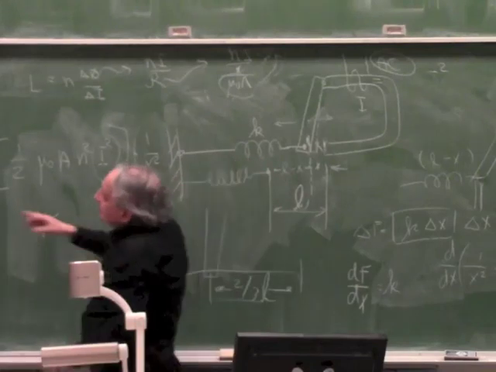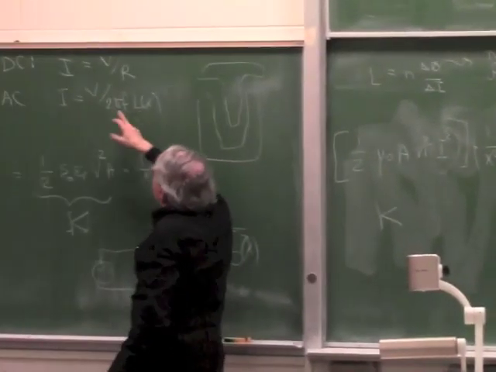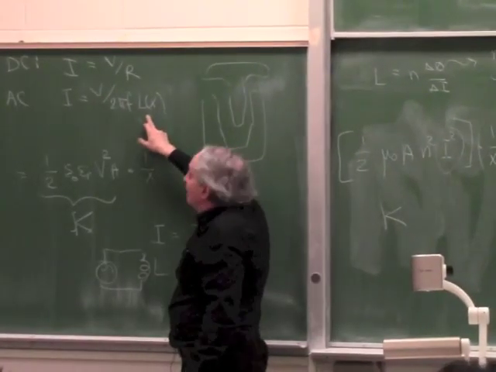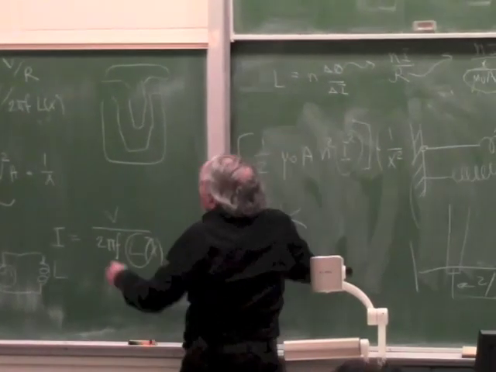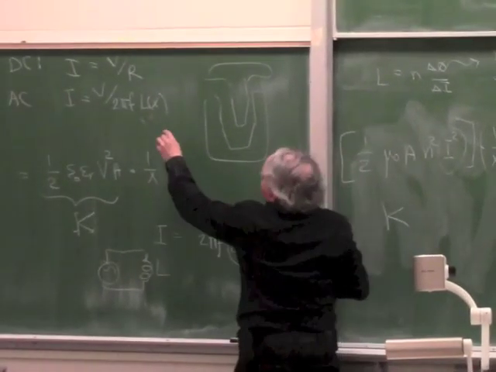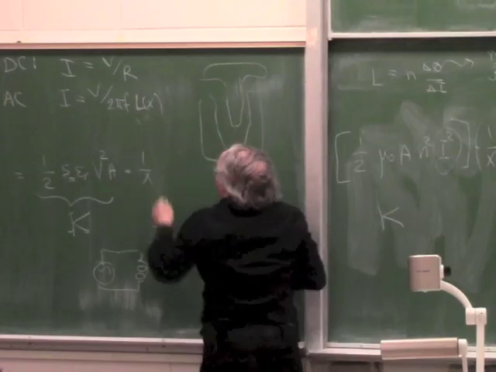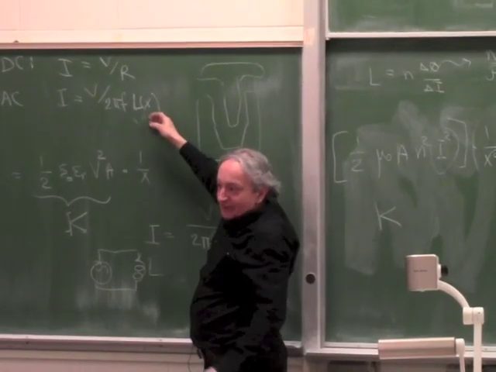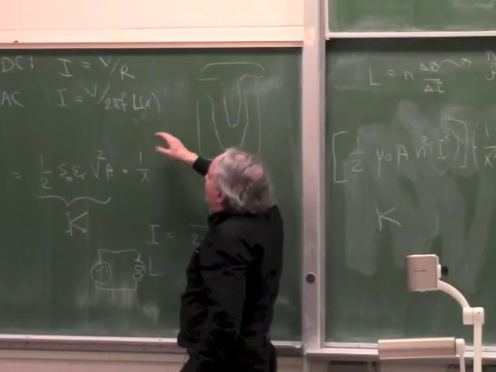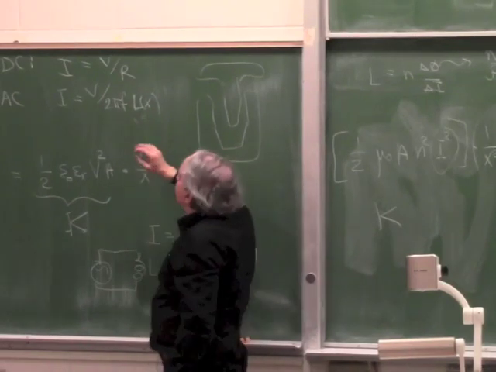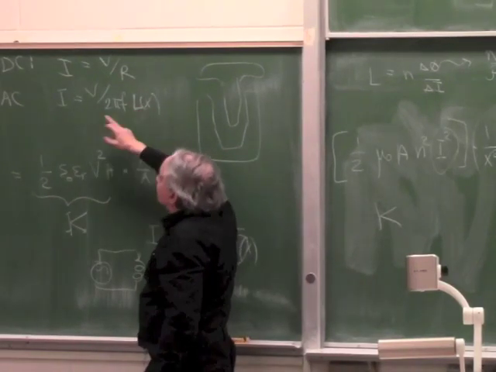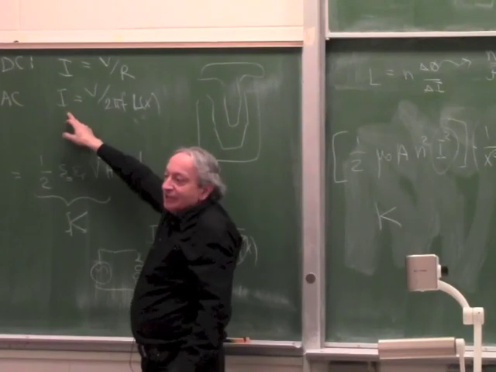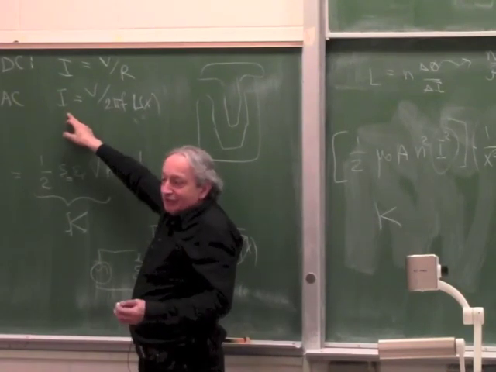Okay? Now I is a function of x, and as I showed you before, L is proportional to 1 over x. So if everything was linear, if you halve x, L will double and the current will halve for a given voltage.